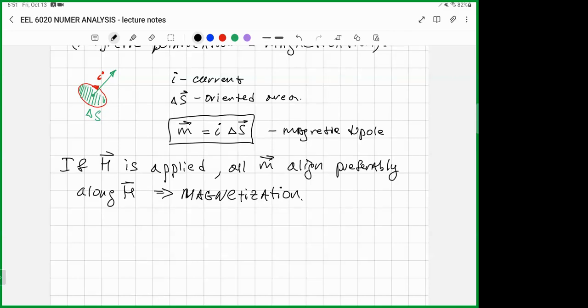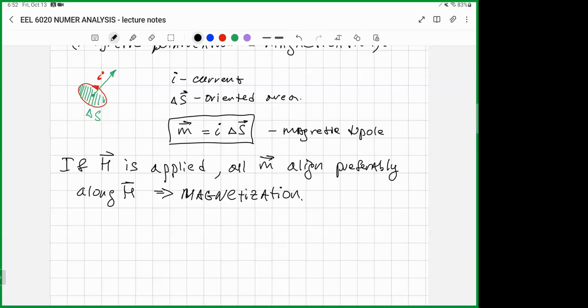They orbit around the nuclei, and this orbiting creates the loop current, and this loop current manifests itself as the magnetic dipole. So if you have some atoms with electrons that orbit around the nuclei, you apply a magnetic field, and these atoms change their orientation along the magnetic field direction. Okay, and this is the magnetization.